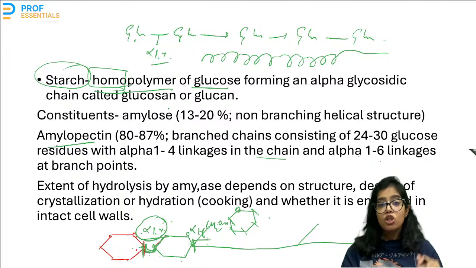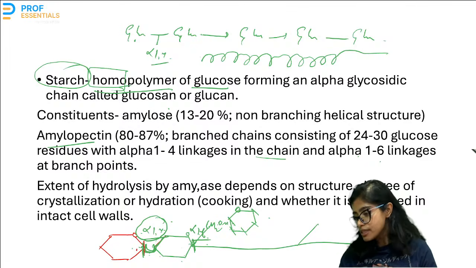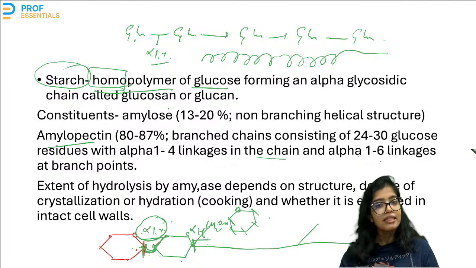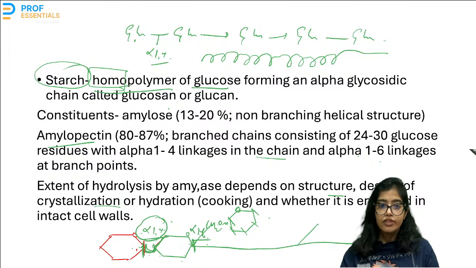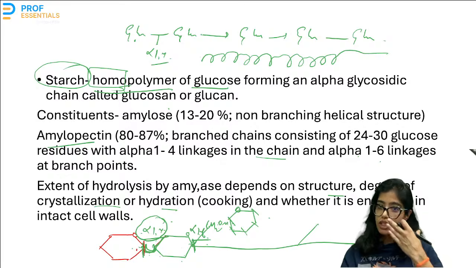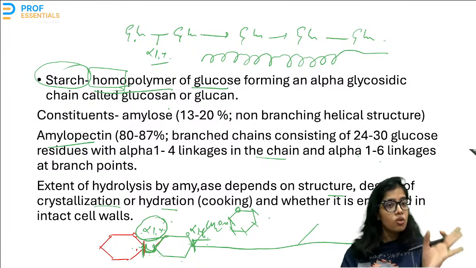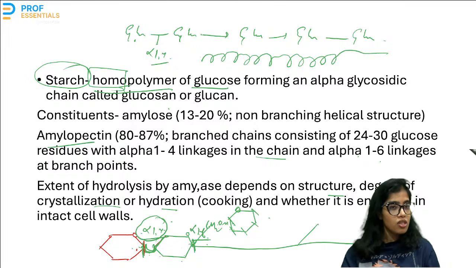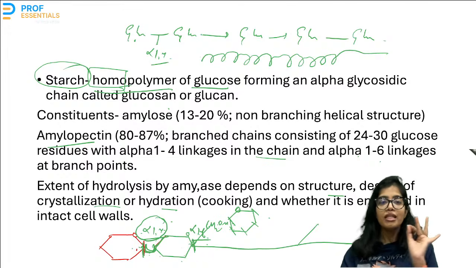Now, the extent of hydrolysis of starch by the enzyme amylase depends on the structure, the degree of crystallization or hydration of starch, that means the amount of cooking that the starch has been subjected to, and whether it is enclosed in intact cell walls. Why? Because cell walls are resistant to human enzymes.